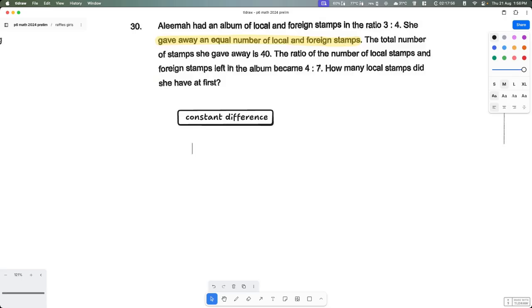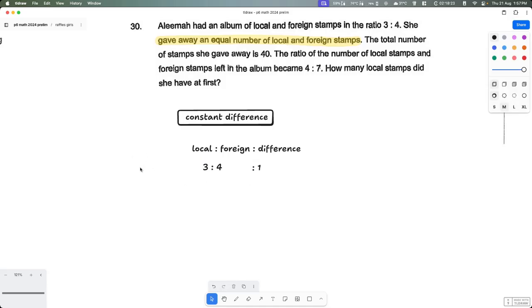So if you were to write here local to foreign to difference, this one will be 3 is to 4, and what was the difference? The difference is 1. Pretty straightforward, right?